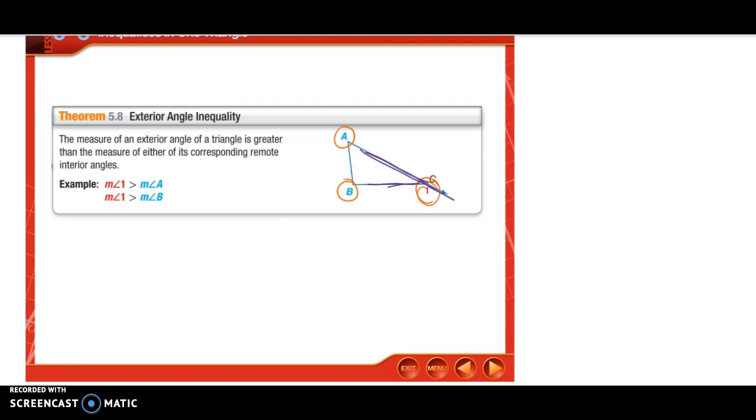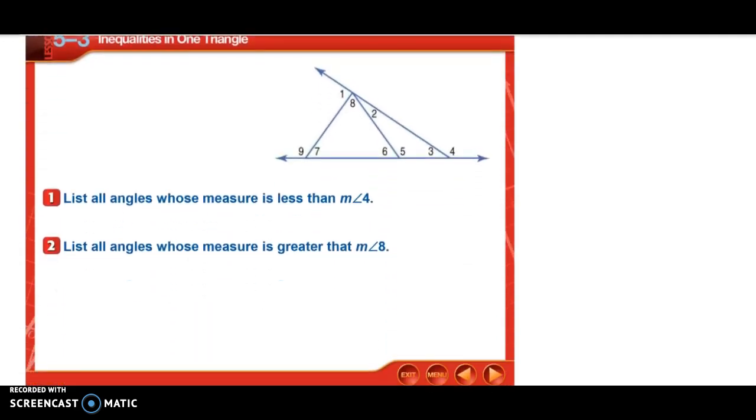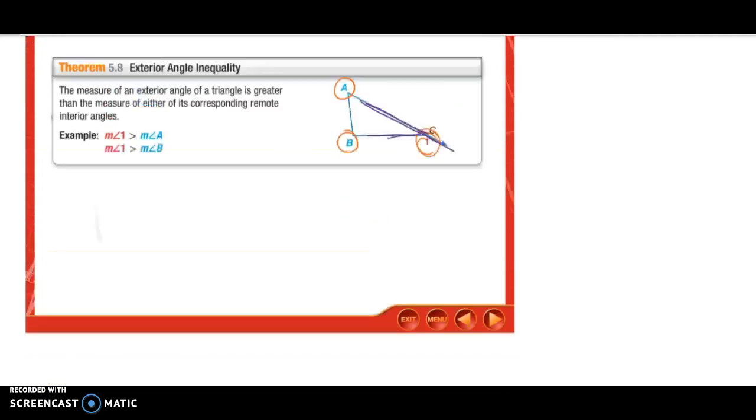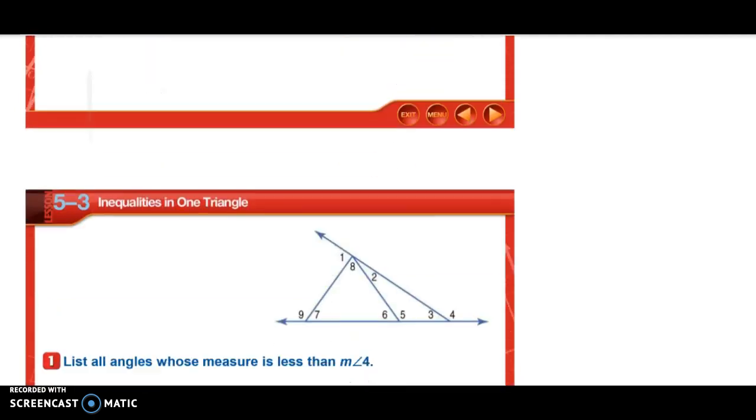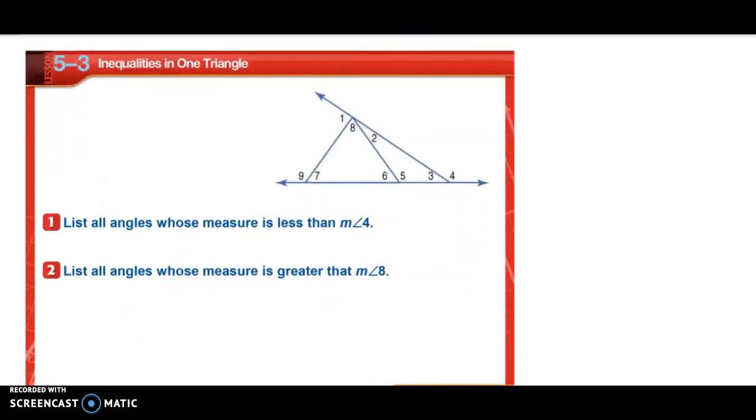When we're applying this property, they're going to ask you to figure out which angles are smaller. We're doing this with the exterior angle theorem. So using the properties of that, they want you to list all the angles whose measure is less than the measure of angle 4. So angle 4 is right here.